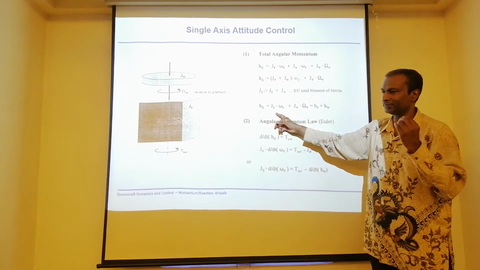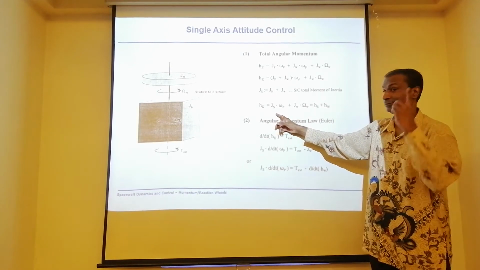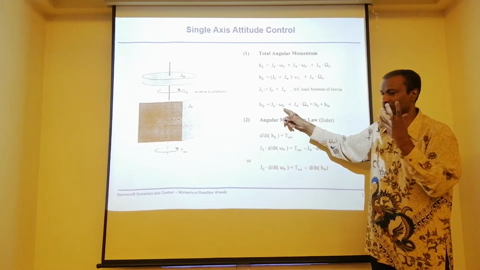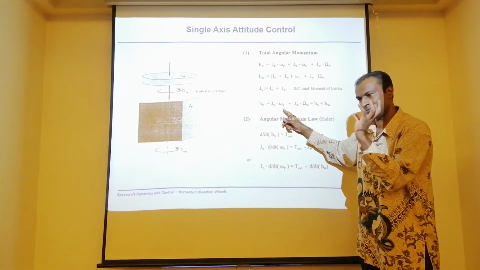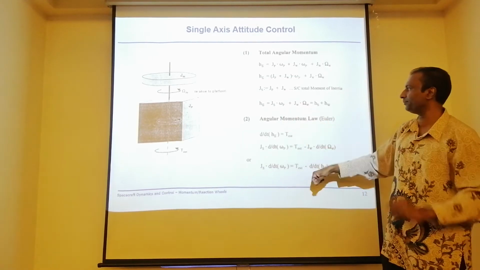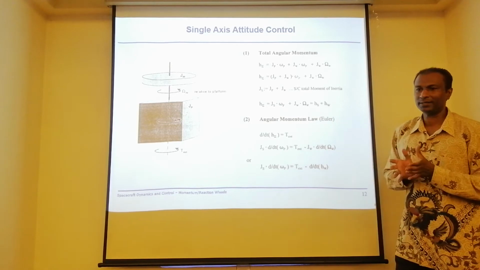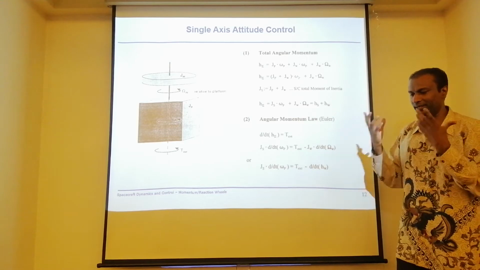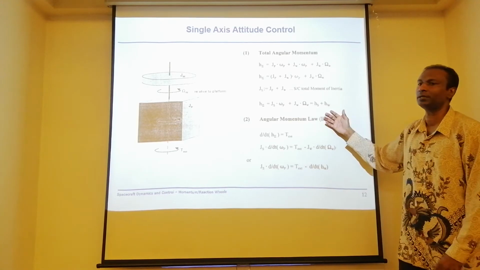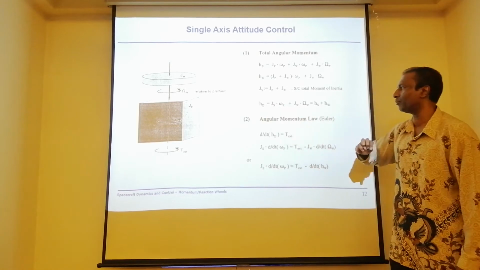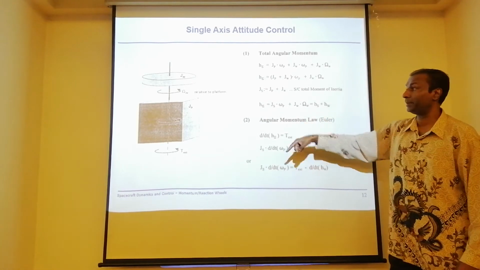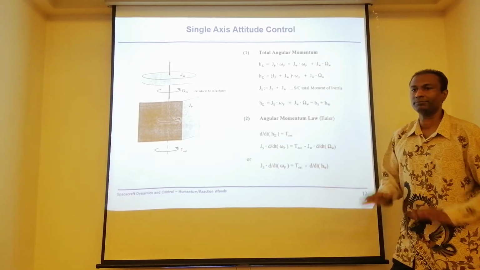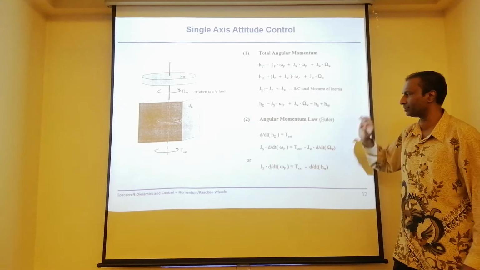The total inertia of the satellite, inclusive of the wheel, times the actual angular velocity of the satellite, which is the platform, plus the angular velocity of the wheel times the inertia of the wheel itself, will be my total angular momentum. The total angular momentum of this system is the angular momentum of the satellite plus the angular momentum of the wheel. Okay, two components.